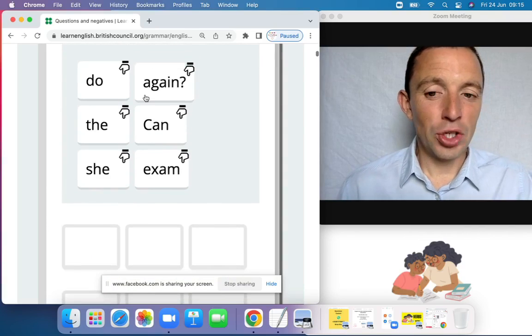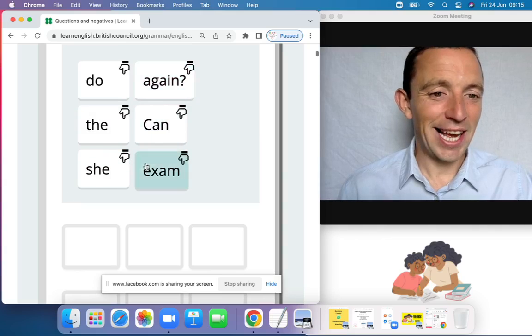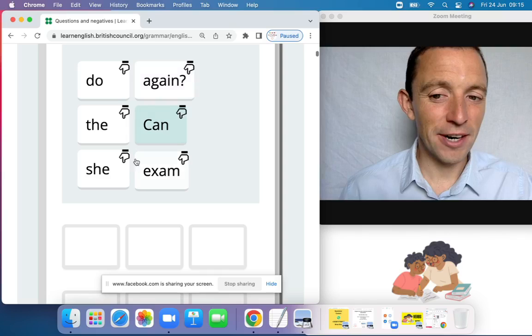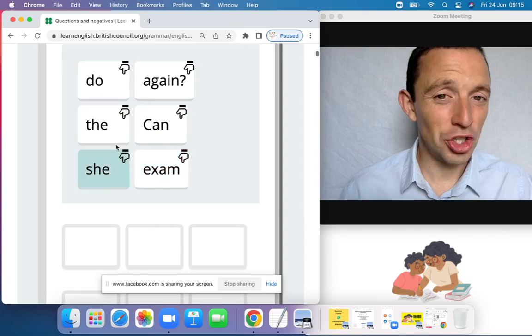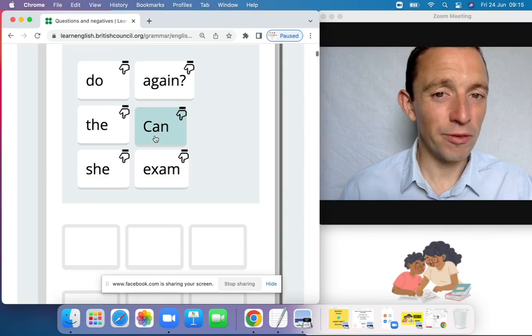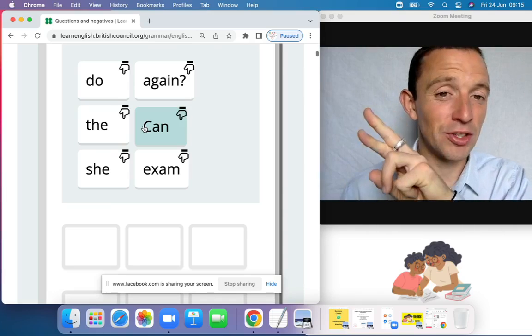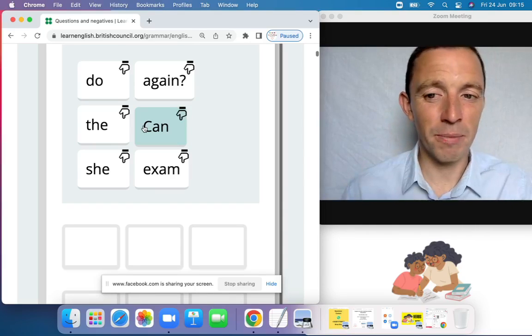Next, do again the can she exam. So very complicated mixed options here. Again, we need the question in the yes or the no form. So we need the affirmative and change the position of the subject and the first part of the verb.